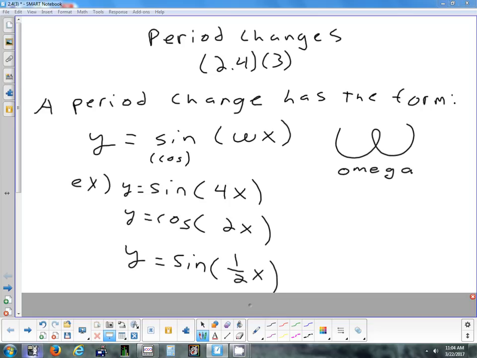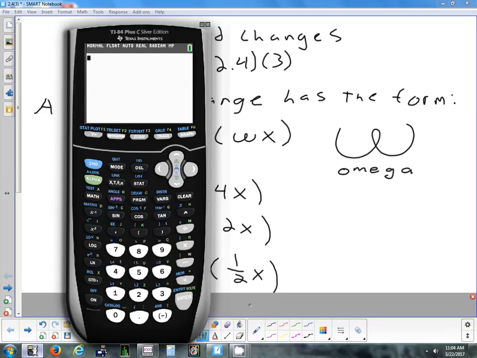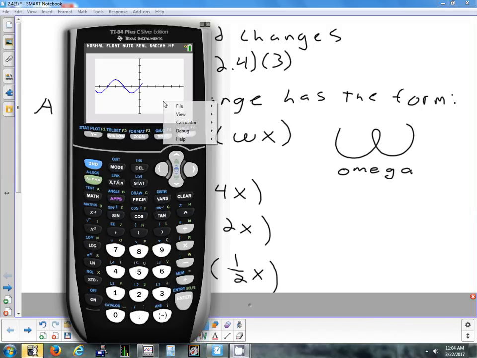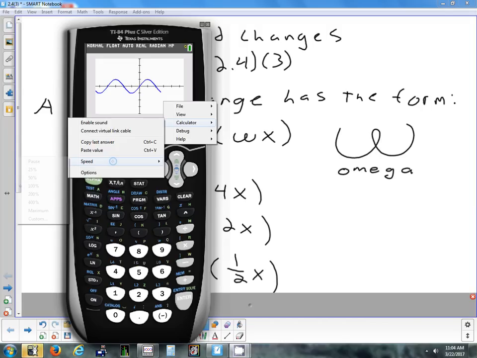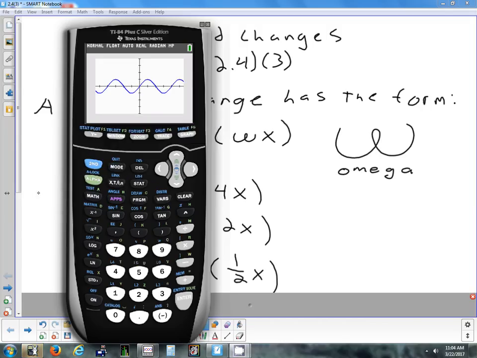So let's take a look. So here's your original, just a basic function. Now I'm going to put in a 4. So I'll graph in red. This is sine 4x. So what happened? Did it stretch or compress?